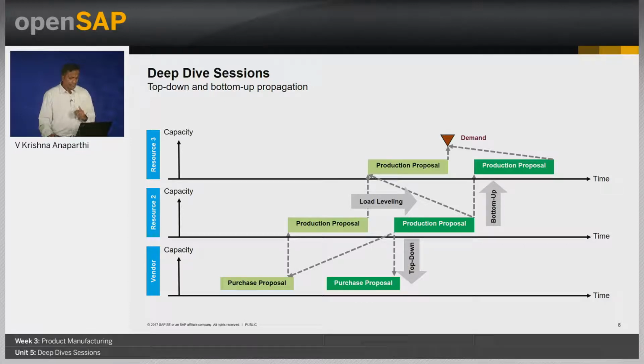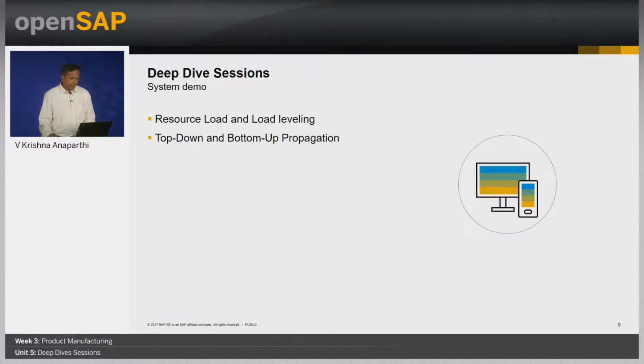Now at this junction, when one of the intermediate proposals gets shifted into the future, then the user has to perform the bottom-up scheduling to move this proposal back to the main line. Similarly, from this proposal, a top-down has to be performed in order to move the dependent purchase proposals into the corresponding timeline. Now, let's take a quick demo in the system.